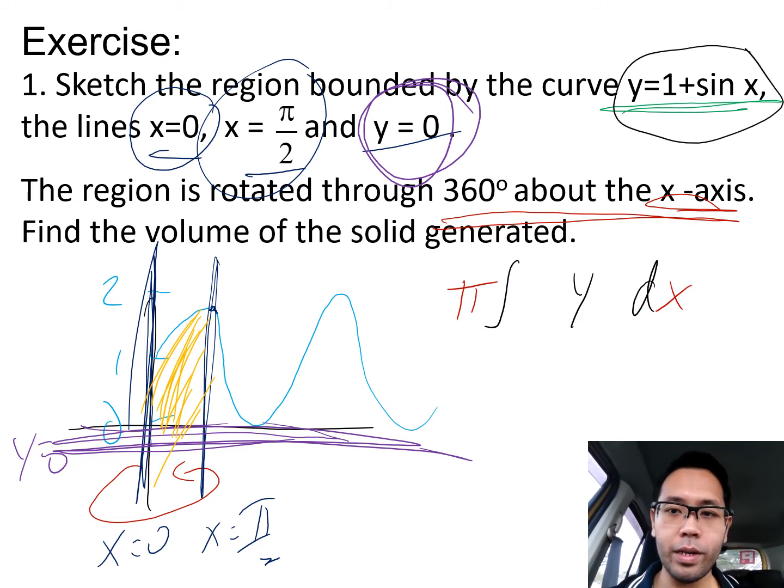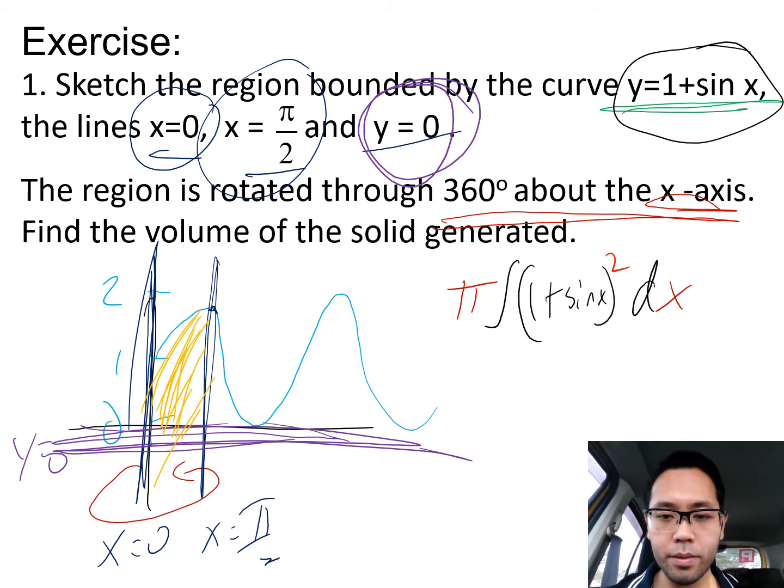So here's the whole y, and don't forget there's a square there. So it's going to be 1 plus sine x, squared. You guys okay? And how should we integrate from here? Should we use the bracket rule? Can someone tell me why we should not use the bracket rule?